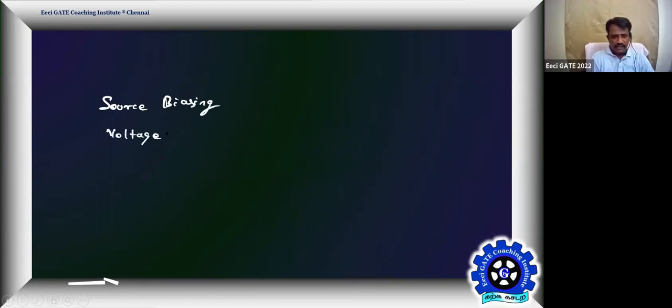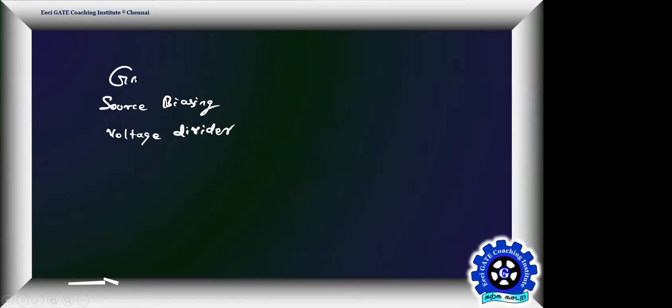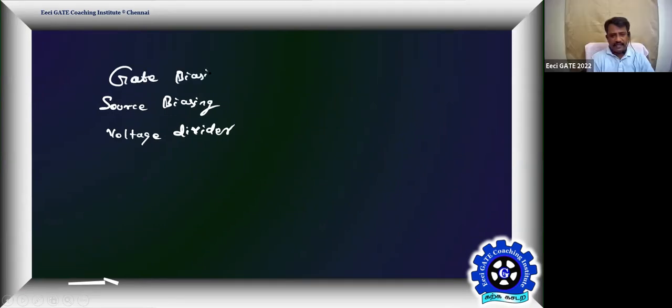So, yesterday we discussed two important biasing techniques. One is source biasing, and another is voltage divider biasing. Only three biasing techniques: one is gate biasing, biasing through the gate terminal using a gate resistor, and biasing using a source resistor, which we call source biasing.